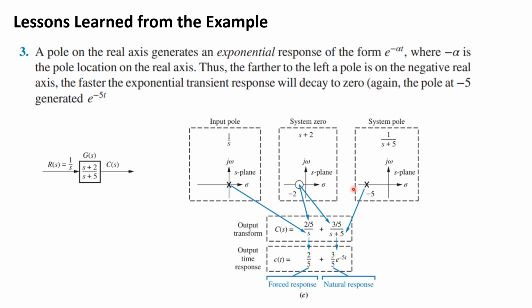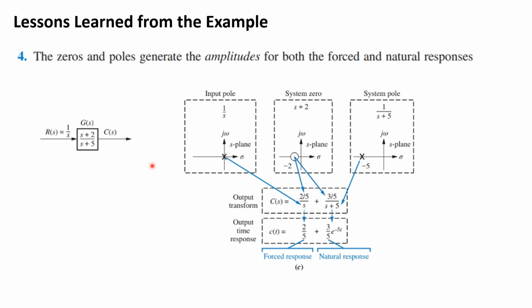So if this was minus 7, it would have been e to the minus 7t. And finally, the zeros and poles generate the amplitude for both the forced and natural responses. So here, for example, the minus 2 and the minus 5 generated the 2/5 and the 3/5. Okay, so in the next lecture we'll look at first order systems.